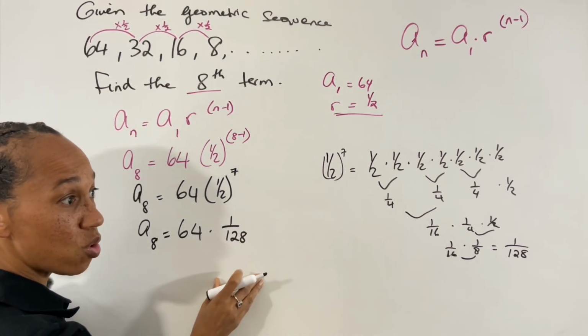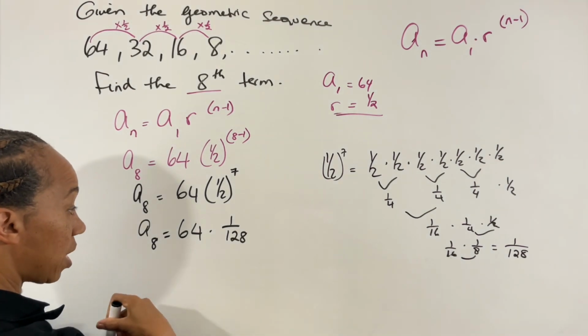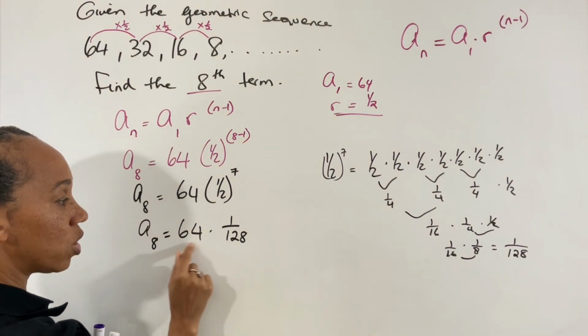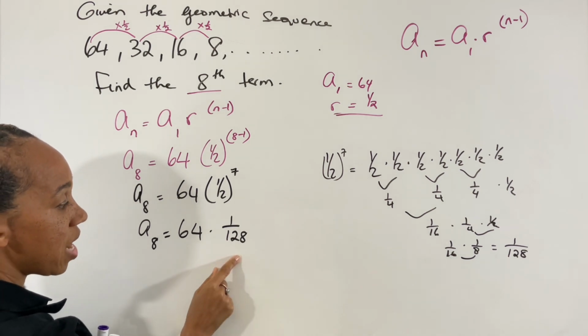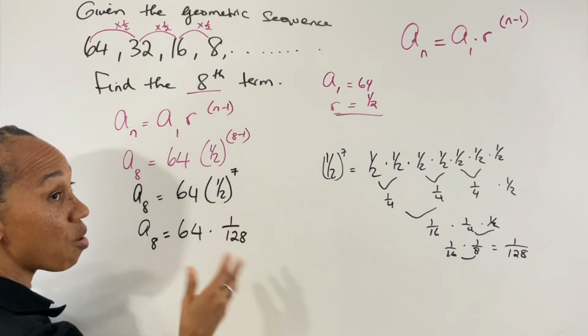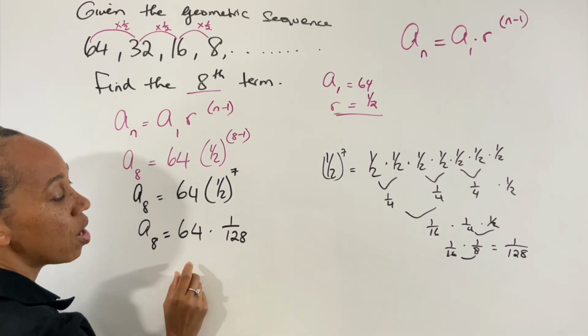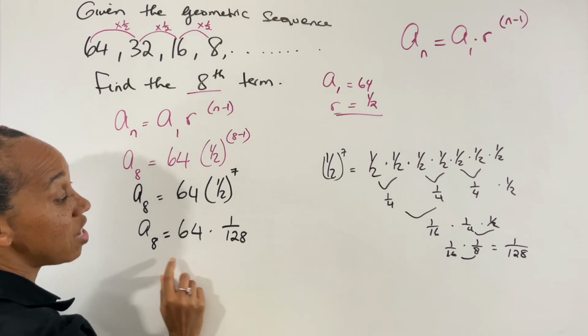1/128. And you can reduce this, all right? Yes, you can reduce this because you have 4 that can go into all of these numbers right here. If you don't want to use the highest number, you start with the lowest number, which is 4. You can graduate to the higher number, which is 8, and you can further graduate.